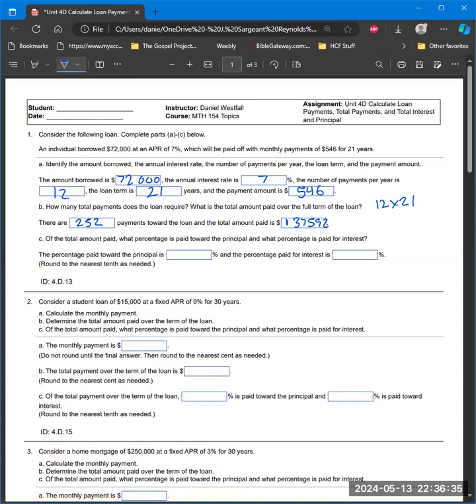Of the total amount paid, what percentage is paid towards principal, and what percentage is paid towards interest?